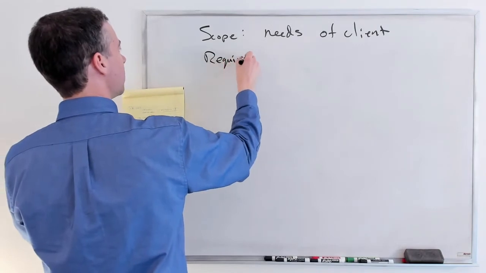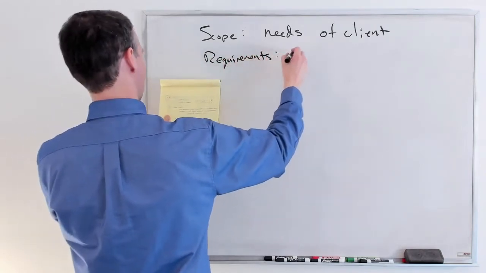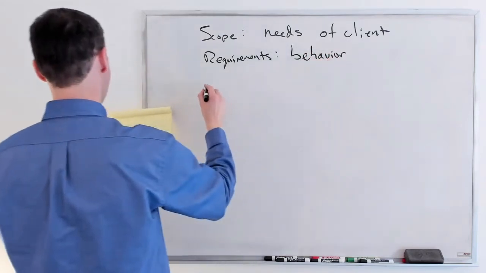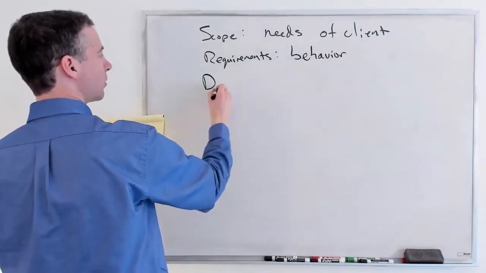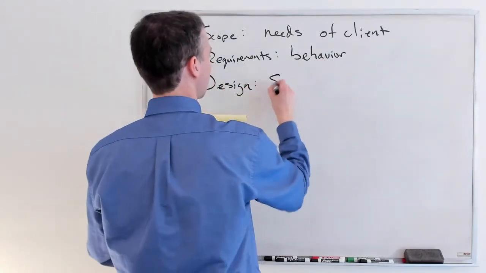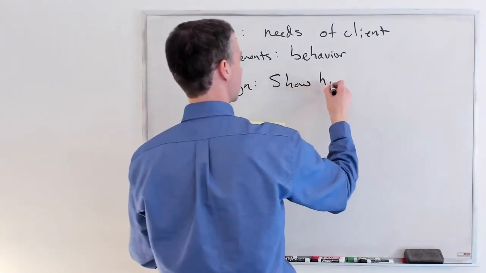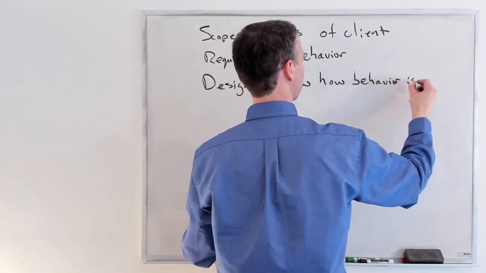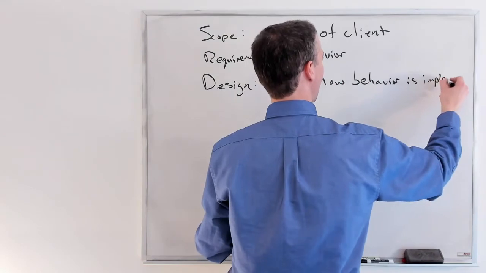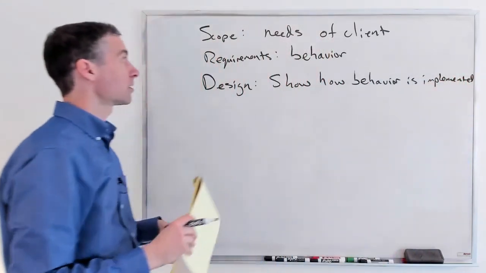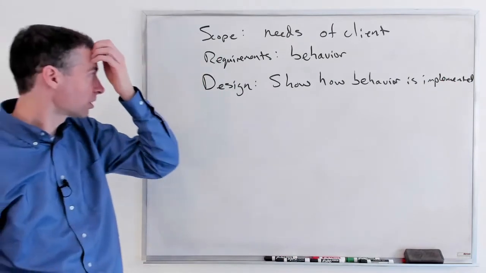The requirements are all about the behavior of our system, of our software, and then we haven't gotten into it yet, but when we get to it, the design will show how the behavior is implemented.